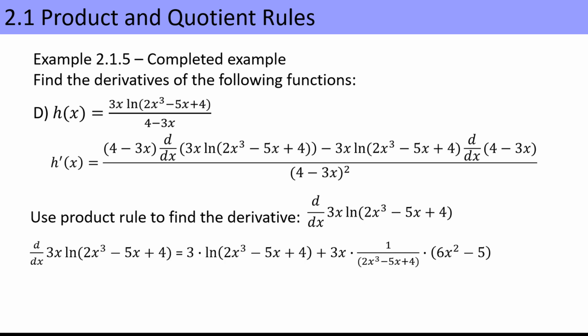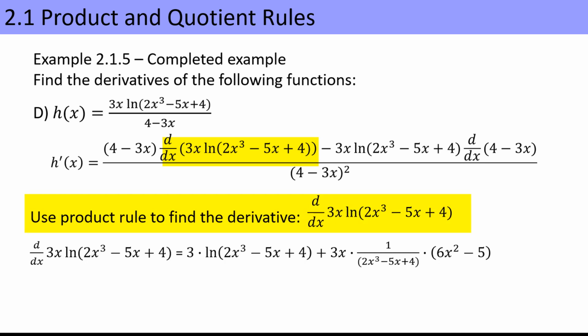Now, to find the derivative of 3x times the natural log of 2x cubed minus 5x plus 4, we're going to have to use the product rule. So let's use that rule. That is, the d dx of 3x times the ln of the quantity 2x cubed minus 5x plus 4 is equal to the derivative of the first.